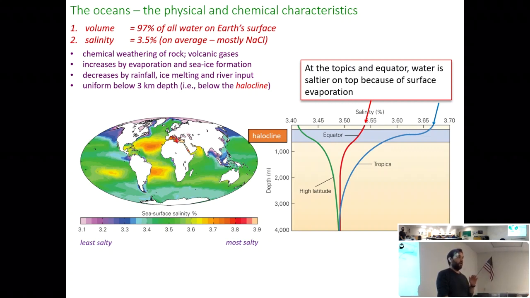That salty water sinks as soon as it forms. Number 6, what do you call the dramatic change in salinity with depth near the surface water? Halocline.